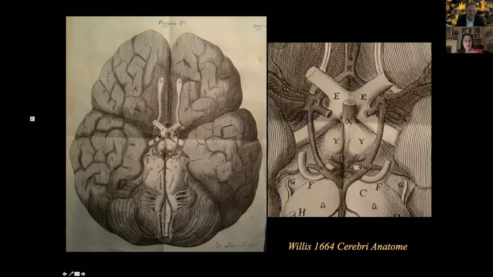Let's go through the basic anatomy here. You've got 4 arteries, the left and right carotid, and the left and right vertebral arteries that supply blood to the brain. The carotids run along either side of the front of the neck, and each carotid artery branches into the internal and the external carotid artery.